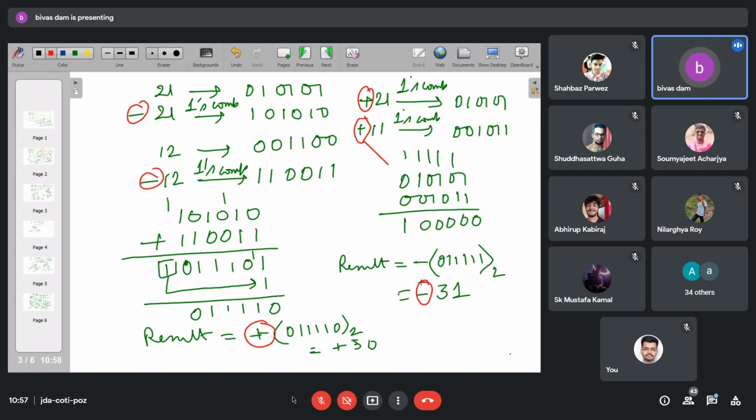The same thing is true here also. In case overflow occurs, you cannot do anything unless you go for a larger number system having a larger number of bits. Instead of 6-bit, if you go for a 7-bit number system, definitely minus 33 and plus 32 can be accommodated.